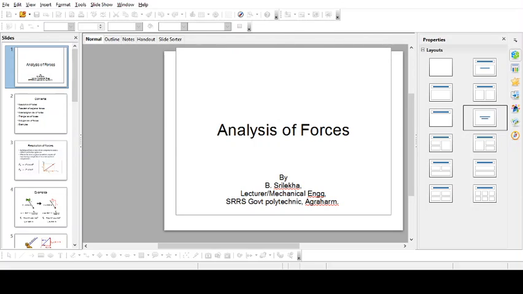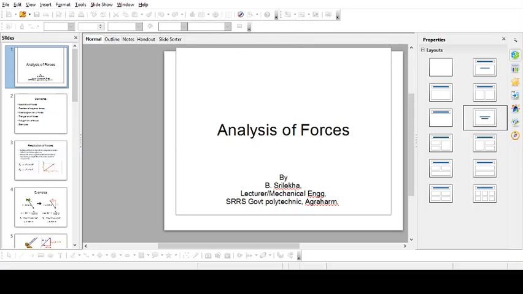The first one is magnitude, then point of application, next direction, and line of action. And the nature of force is either pull or push. And the force is mathematically taken as force is equal to mass into acceleration.